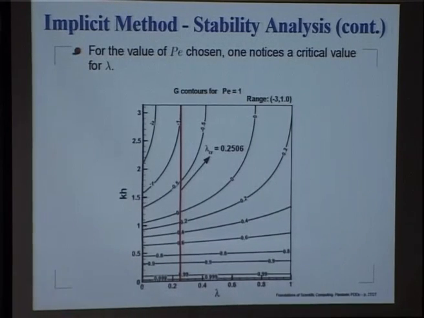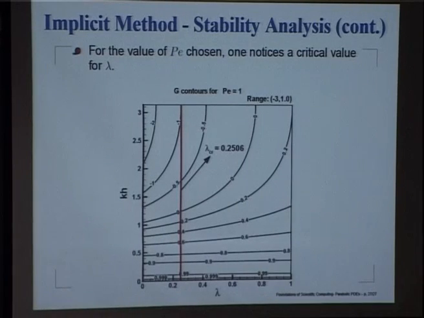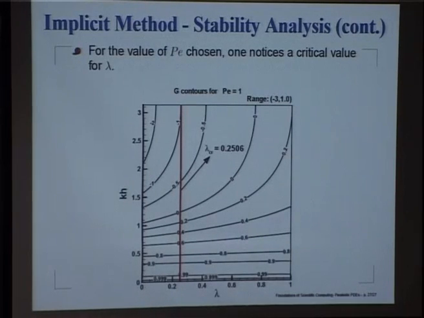However, if you take value of lambda above this critical value, then you have a fully stable method for all the kh range, right, that you have resolved with your grid. So, this critical value happens to be about 0.2506.